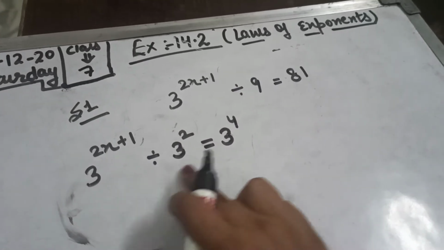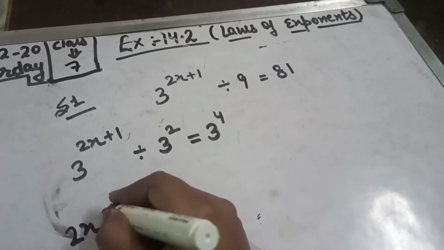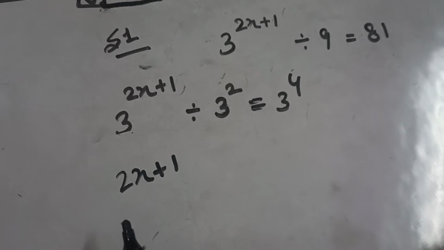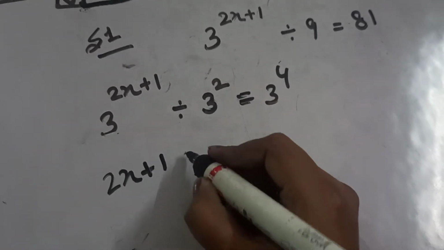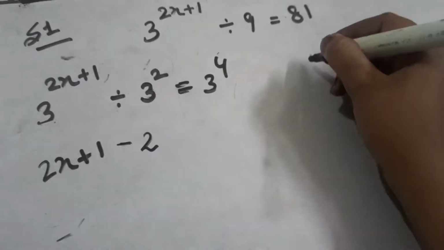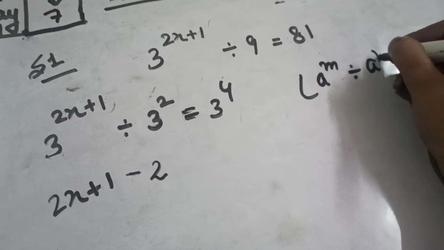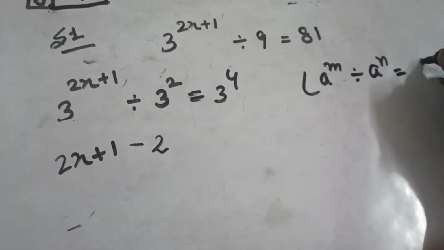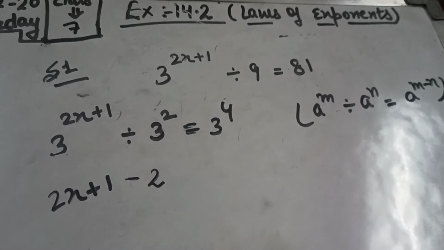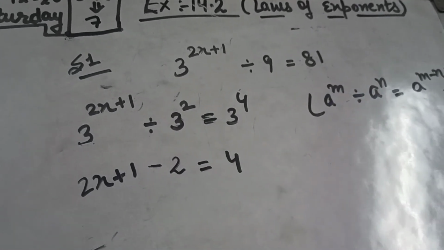Right? Now the bases are same. We will go with the powers only. So see, before that, here the bases are same, but the sign is of division. So they are subtracted. Remember the rule, a to the power m divided by a to the power n is equals to a to the power m minus n, right, which is equals to 4.